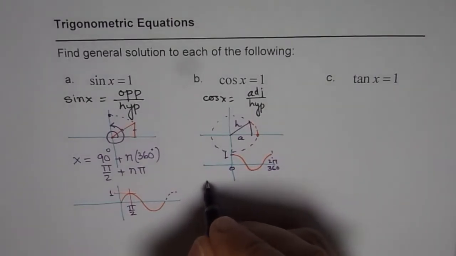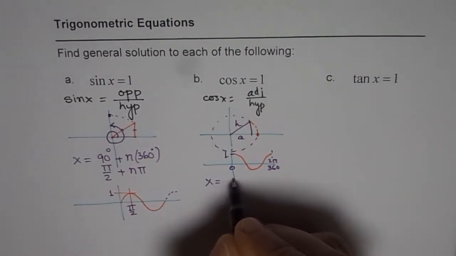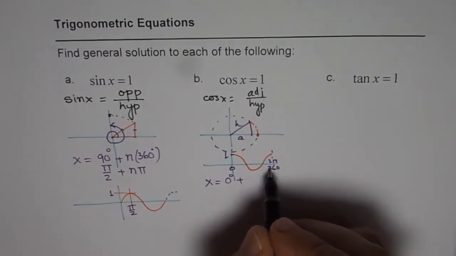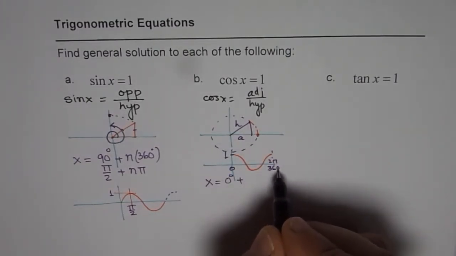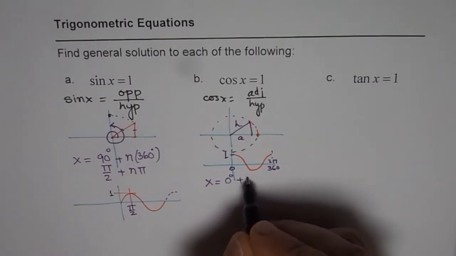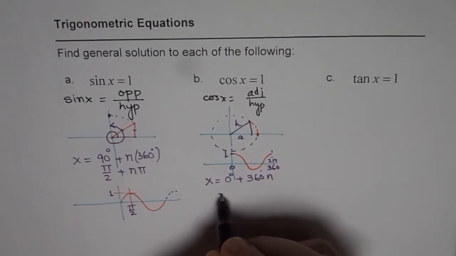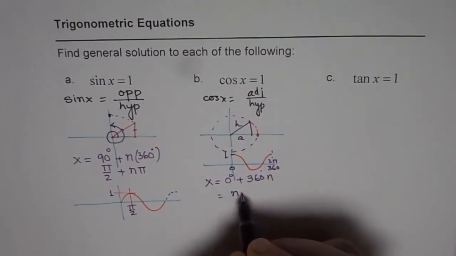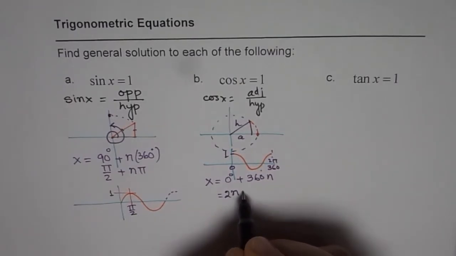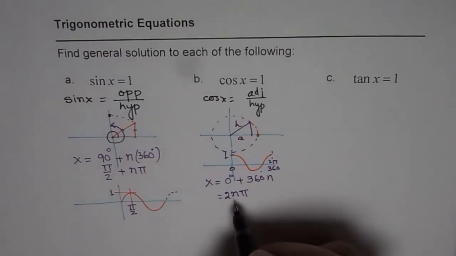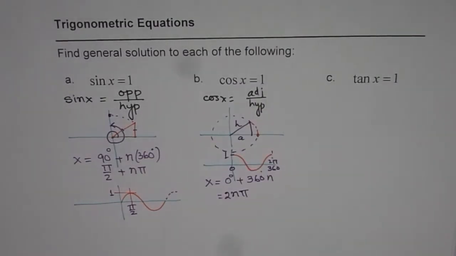So we can have a general solution as x equals 0 plus multiples of one cycle, which is 360n when you're talking in degrees, or we could say 2n times pi. It's good to write the numbers before the variable part, so 2n pi is a better way of writing. So these are the general solutions for cos x equals 1.